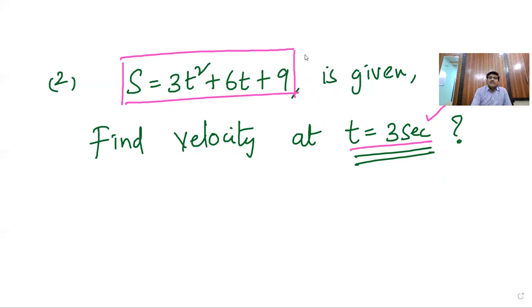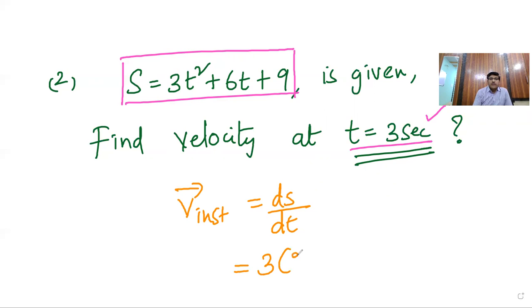What is the instantaneous velocity formula? V instant is ds by dt at a particular instant. Differentiate it. When I differentiate, 3 into t square differentiation is 2t, plus 6 into differentiation of t is 1, plus differentiation of constant is 0.